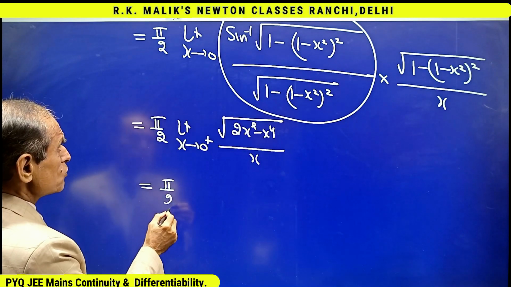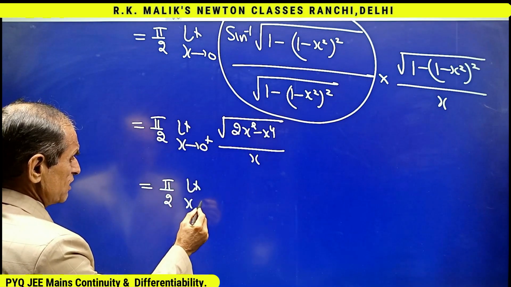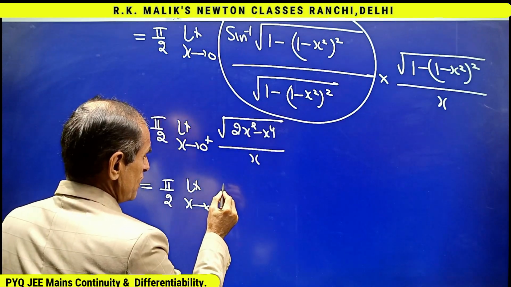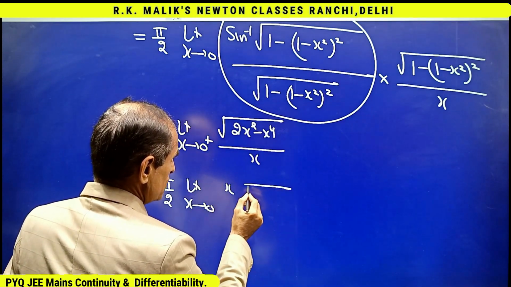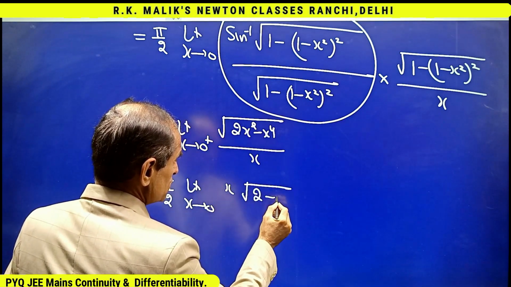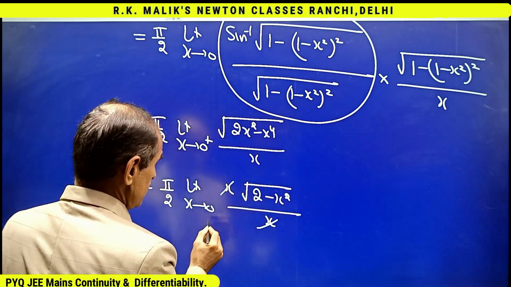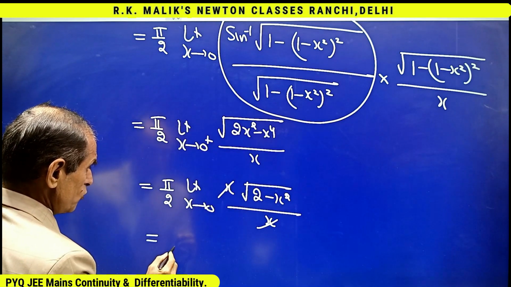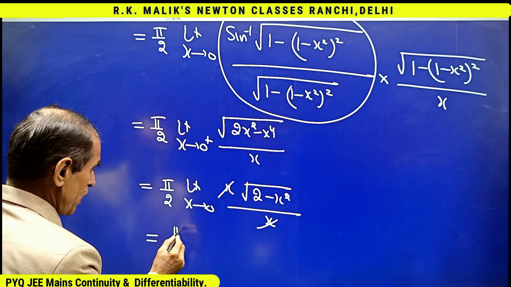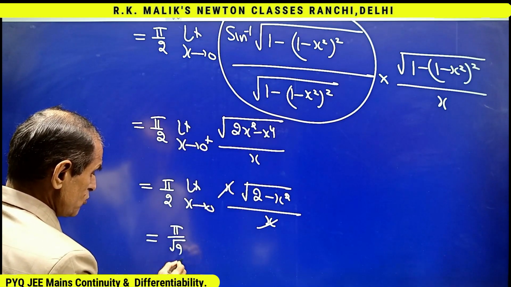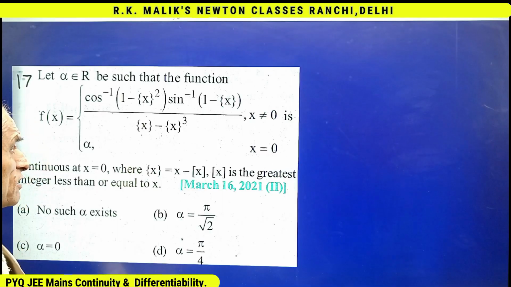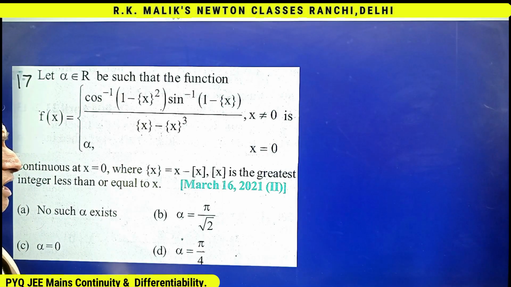It is pi by 2 limit x tends 0, x will come outside and you will be getting under root 2 minus x square upon x. They will get cancelled and you will be getting pi by root 2.